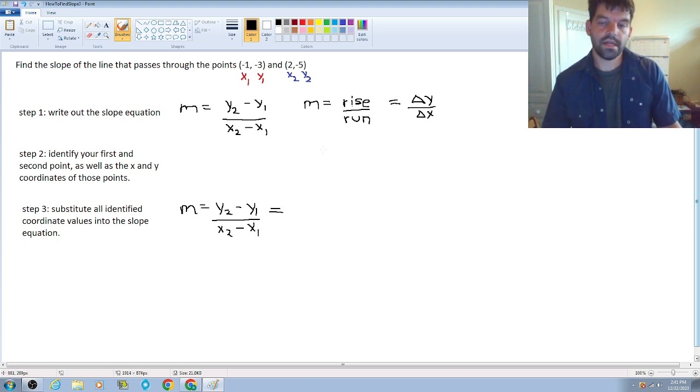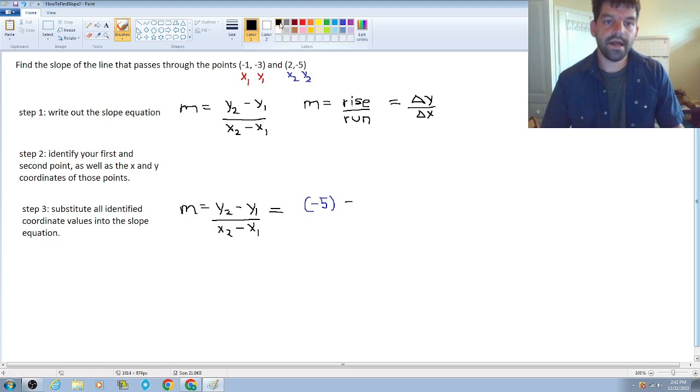And another thing that I like to do for, again, housekeeping purposes is if I see negative numbers, I'm going to put them in parentheses. So we have y2 in the first number of our numerator expression. So that's going to be -5. And then we still have the operation of subtraction here, so we're going to go ahead and put that.